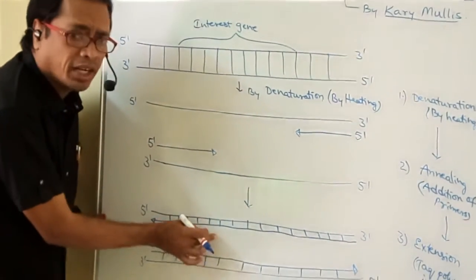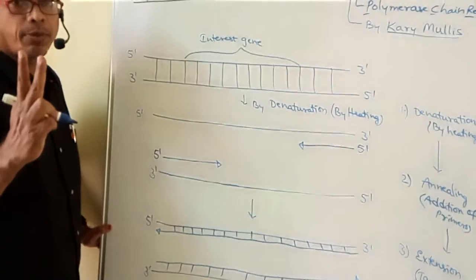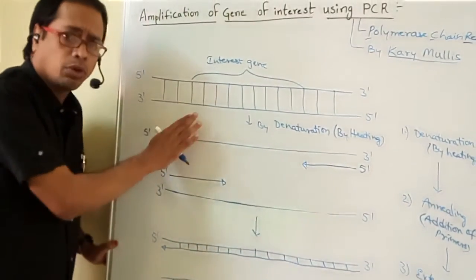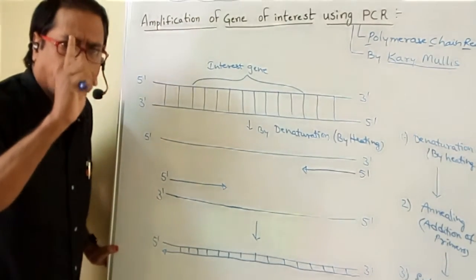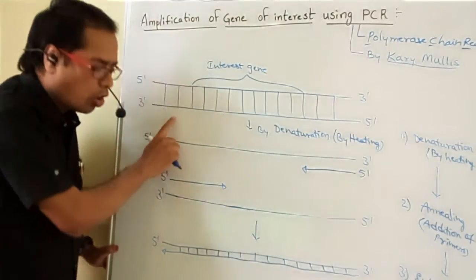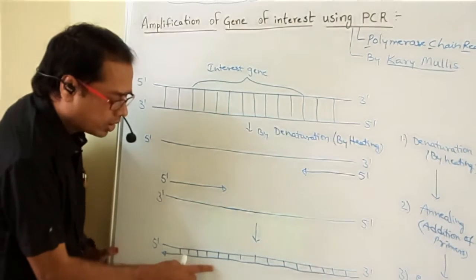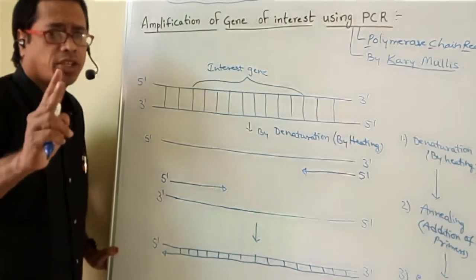Finally, how many desired genes have we obtained? Two desired genes are obtained. That is called one amplification. So for one amplification of the gene of interest, two copies of the gene of interest are obtained.